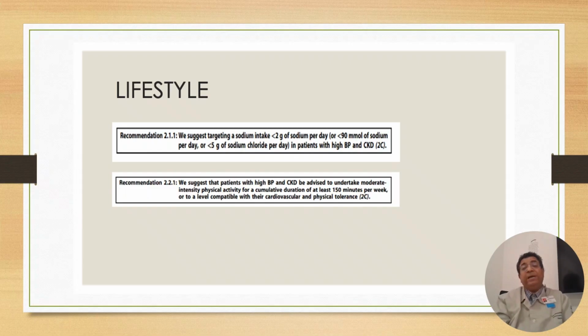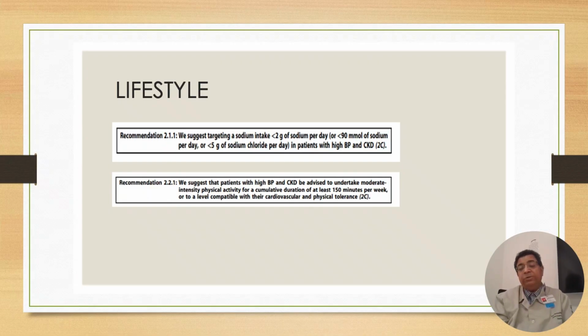Of course, we should not forget lifestyle. We focus on blood pressure so much, and we focus on blood pressure medications and our blood pressure goals that sometimes lifestyle seems more elusive, but you should begin with lifestyle, which is targeting a sodium consumption of less than 2 grams per day, or sodium chloride of less than 5 grams per day.